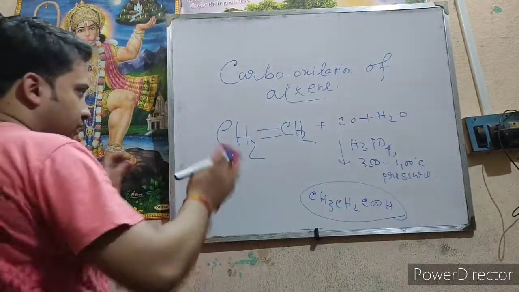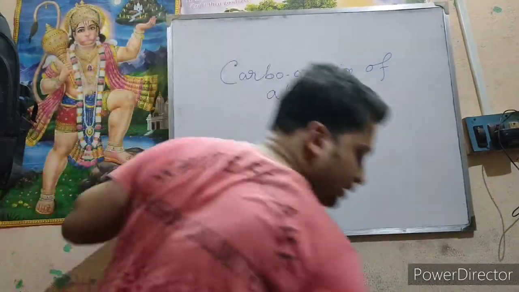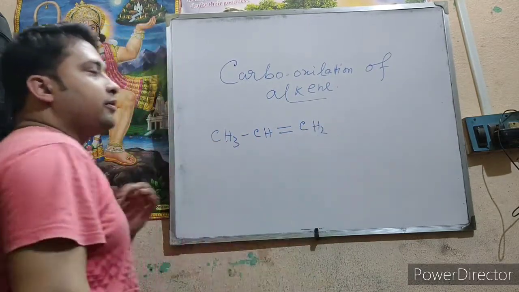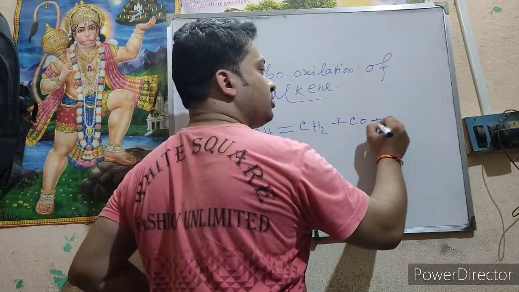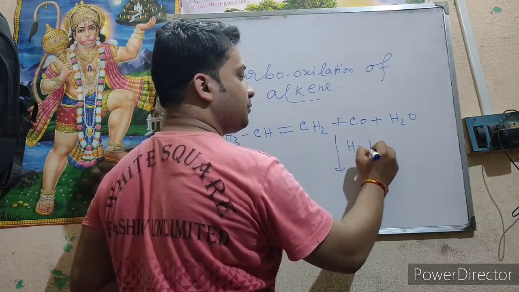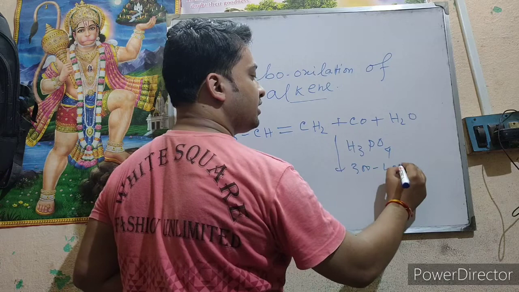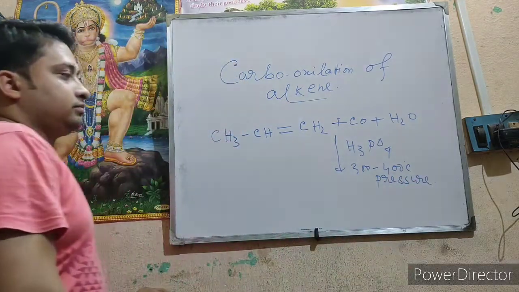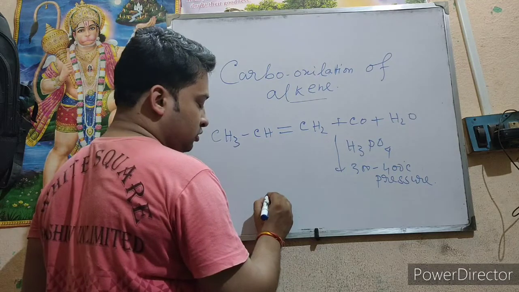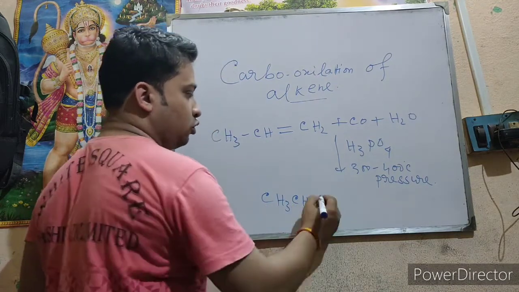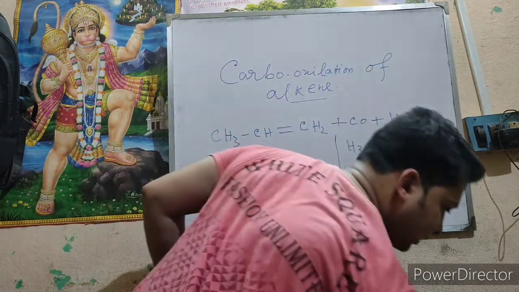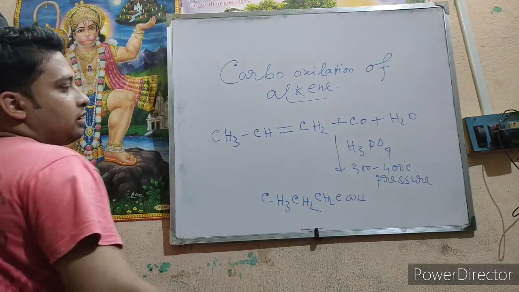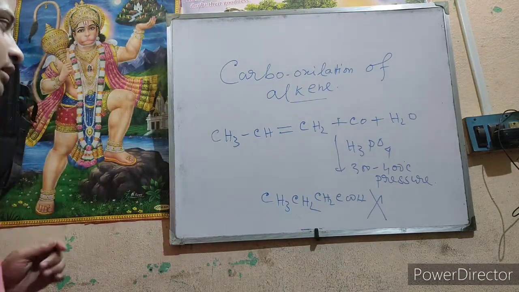Now we take another example. If you have CH3-CH=CH2, and you react it with carbon monoxide and water with the help of H3PO4 at 300 to 400 degrees centigrade as well as pressure, the product should be CH3CH2CH2COOH according to the previous method, but it does not follow it.